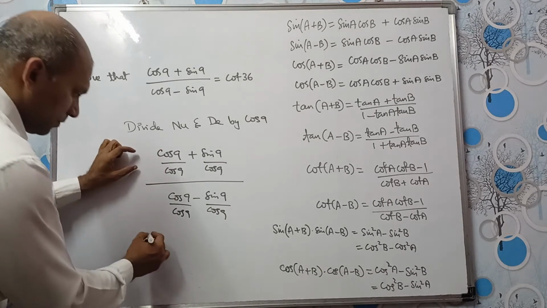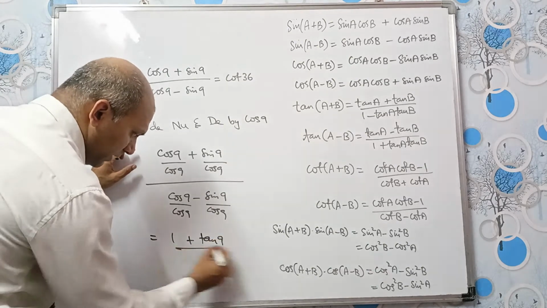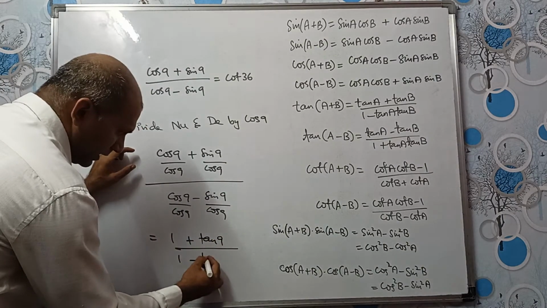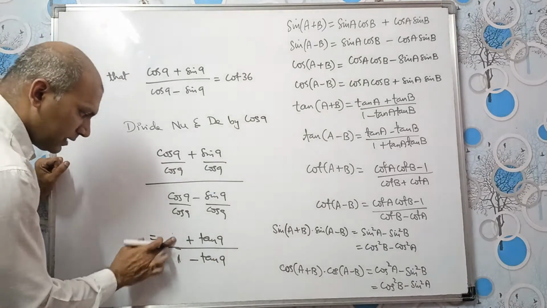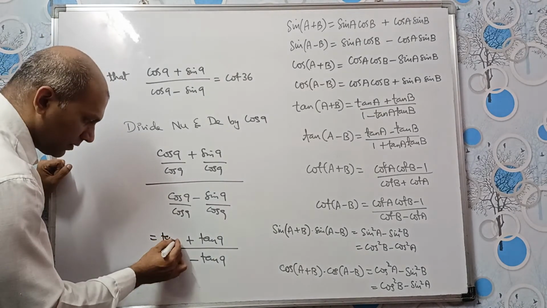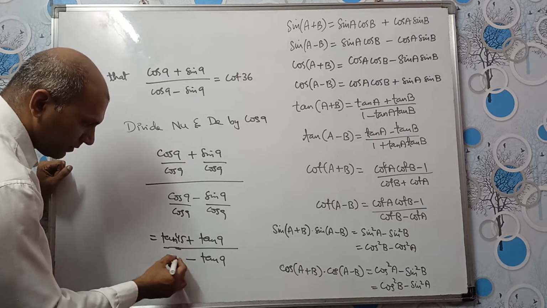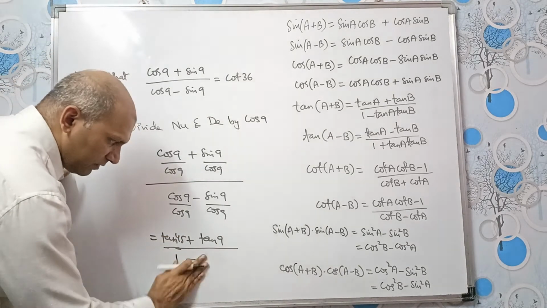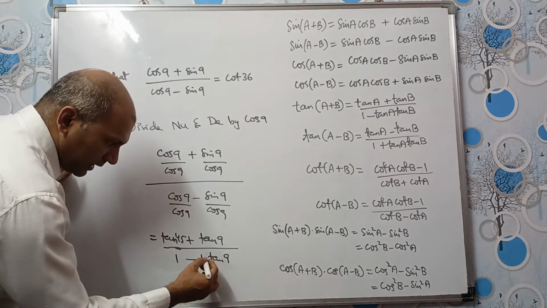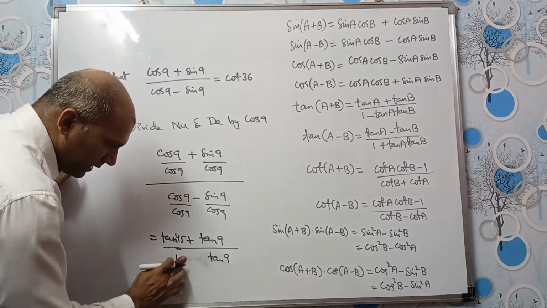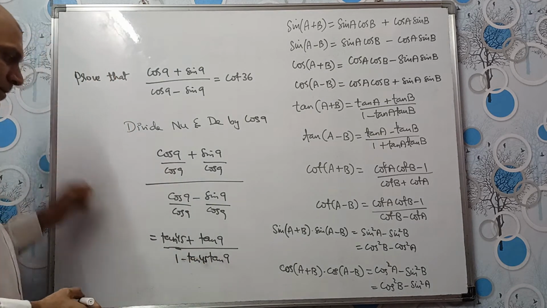So this is 1 now. 1 plus tan 9, divided by 1 minus tan 9. Okay, can we write 1 as tan 45? Yes. So here we write it as tan 45 plus tan 9, over 1 minus tan 45 into tan 9.